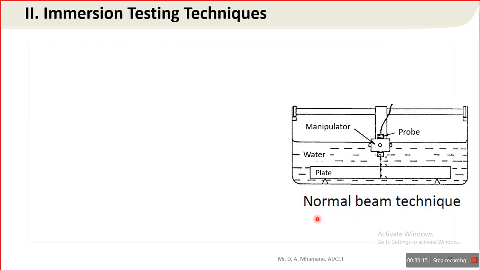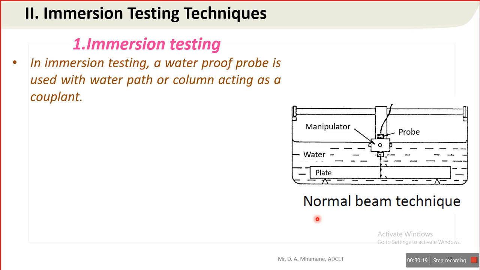So the next type is the immersion testing technique. So see this figure. Here the scenario is different. Here there is no contact between the plate and the transducer or probe. The probe travels with the help of a manipulator, which is placed on the top end of the pot.